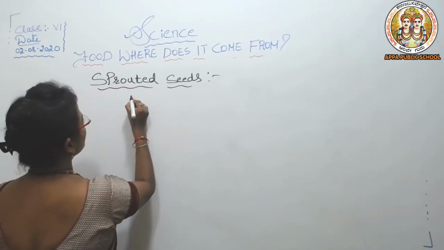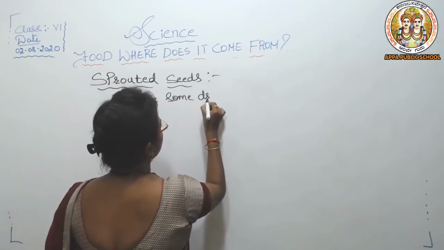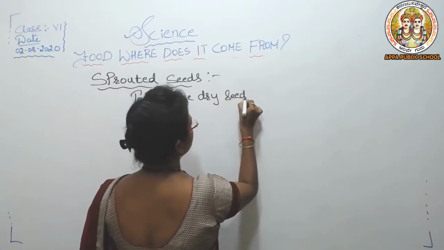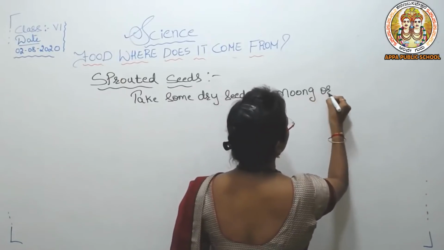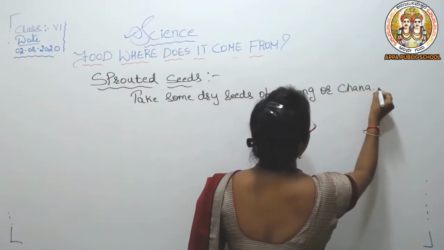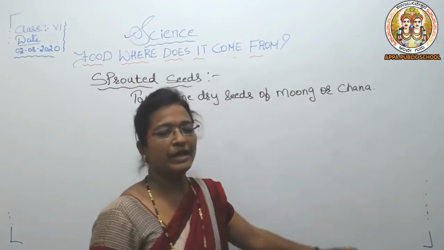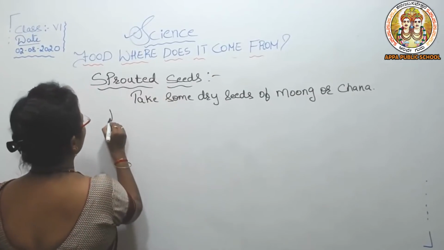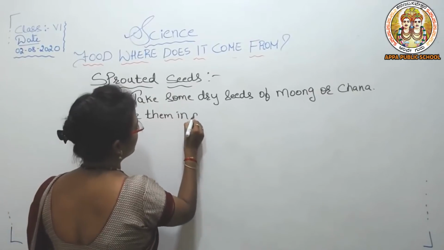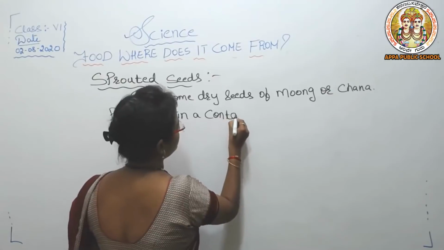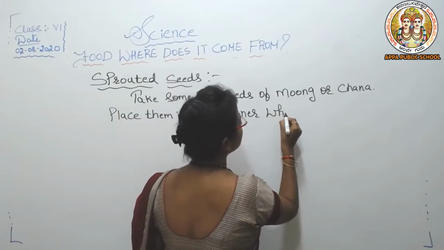You should take some dry seeds of moong or chana and place them in a container which is filled with water.